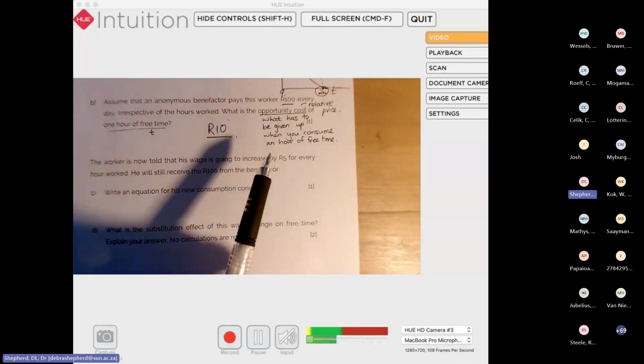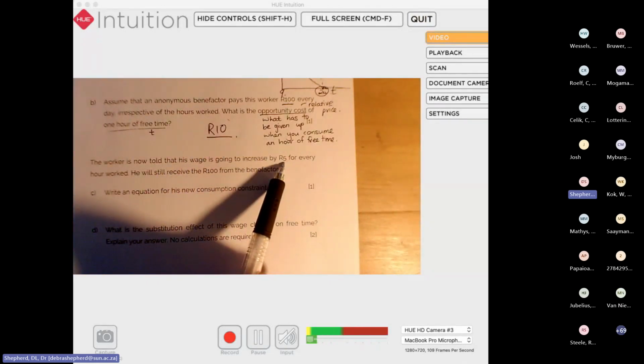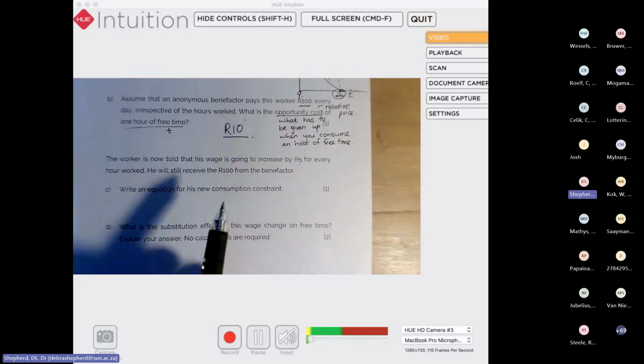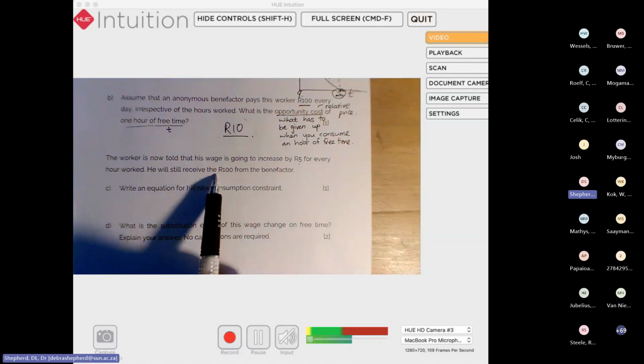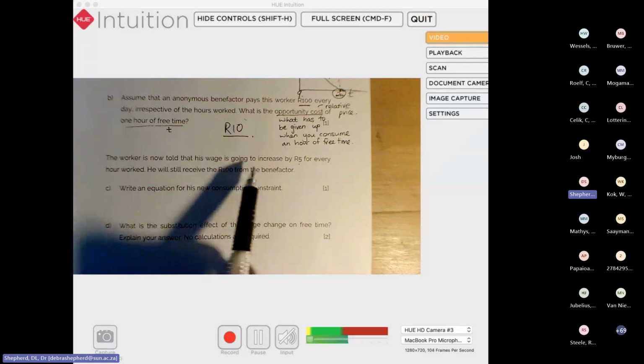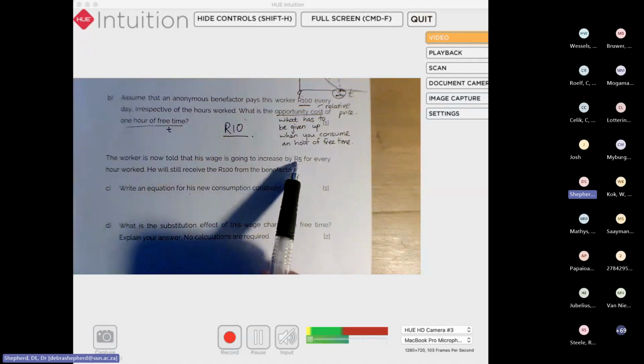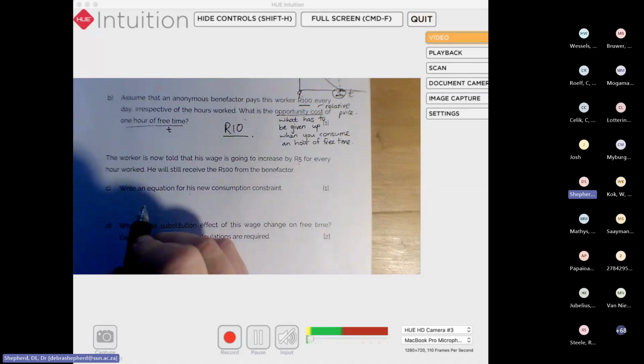The wage is going to increase by 5 Rand for every hour worked, and he will still receive the 100 Rand from the benefactor. So what would the equation for the new consumption constraint be? So Ms. Matheson, you already gave this answer, so you can type it again if you want. So what would the equation of this new consumption constraint be if they get the 100 Rand, irrespective of how much they work, but now their wage is 5 Rand higher?